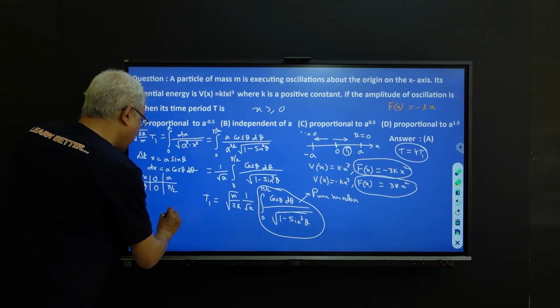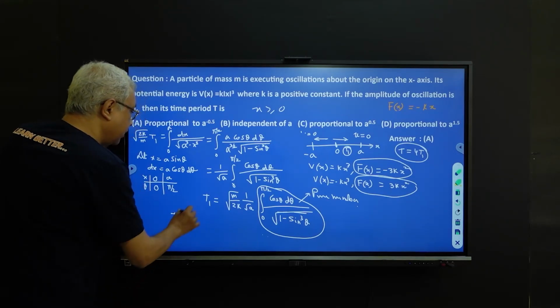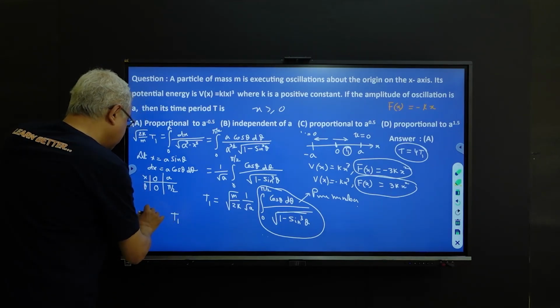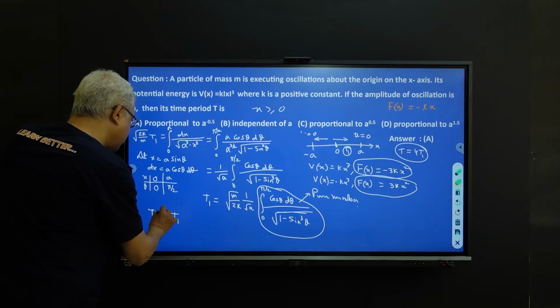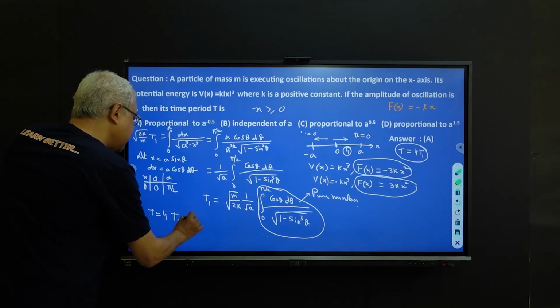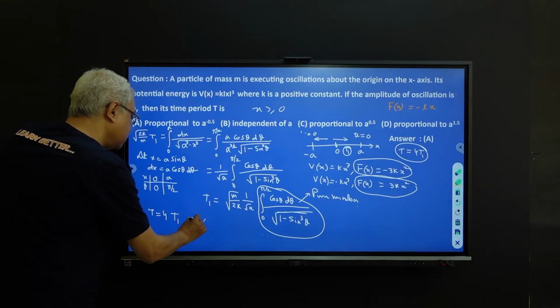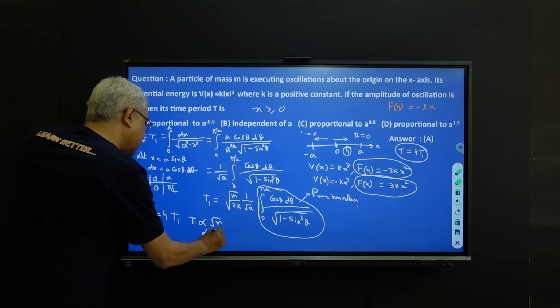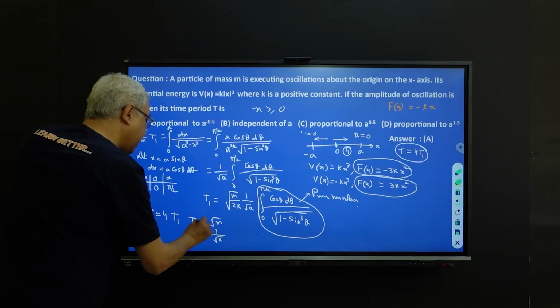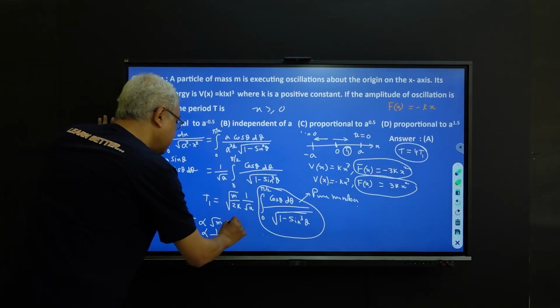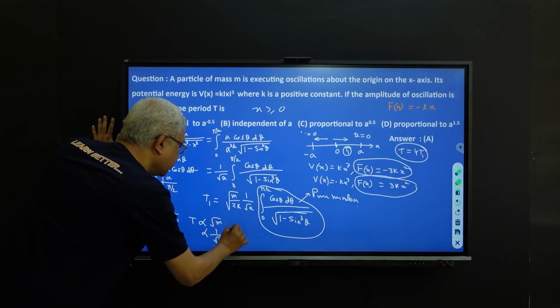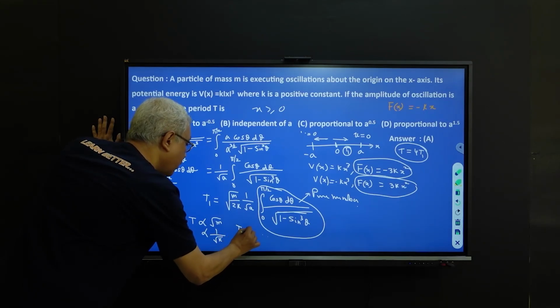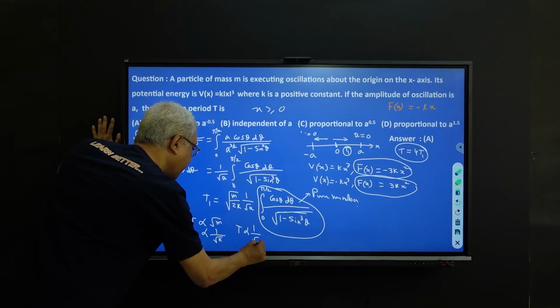So this is a constant Q1, and we have already learned that T is equal to 4 times T1. So T is proportional to square root of m, T is proportional to 1 by square root of k, and T is proportional to 1 by root a.